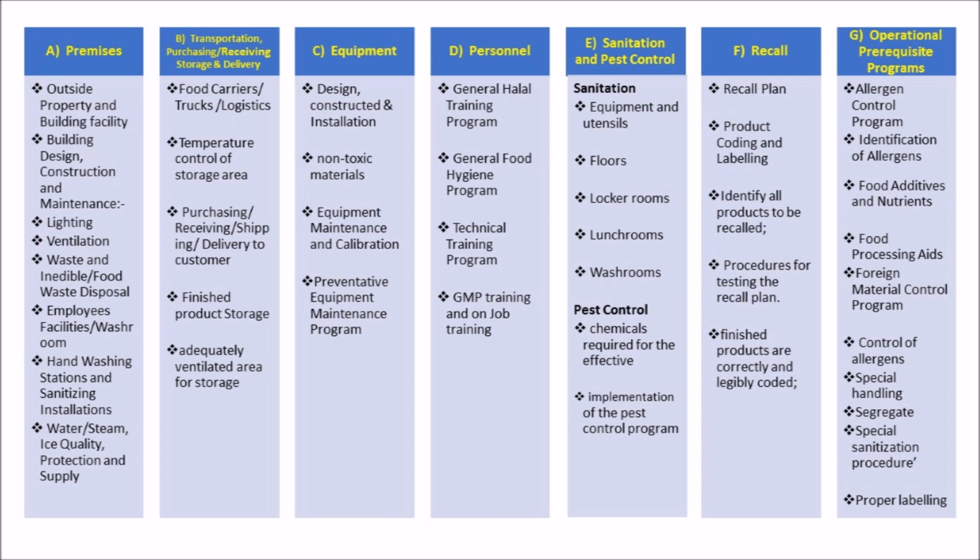When you talk about equipment, number 3, the design, construction and installation, non-toxic material, because we're dealing with food. The equipment is made of non-toxic materials. Equipment maintenance and calibration, the weighing machine and so on, the temperature logging, cold room, freezer, chiller and so on. Preventive equipment maintenance program, maintenance services. Talking about personnel, of course, it involves the human factors.